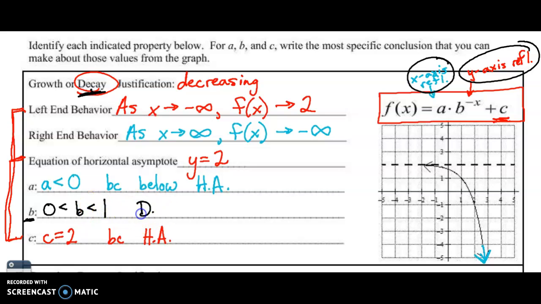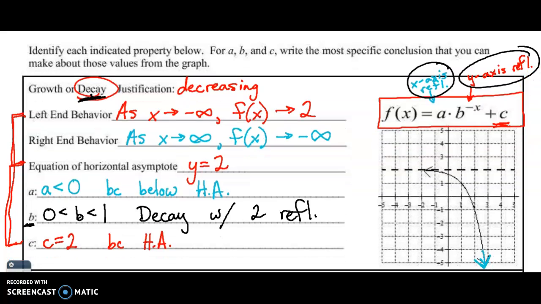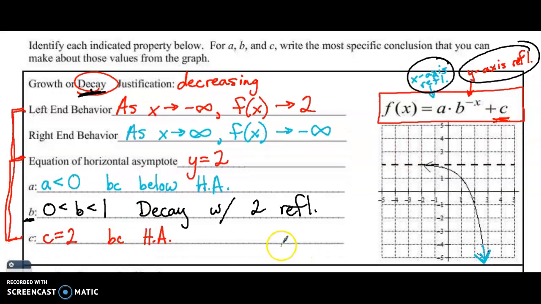And again, the reason is we have decay with 2 reflections. All right. Go ahead and try the next 2 on your own. But I have a little bit more to discuss, so I will make a second video to explain the rest of these notes. So see you in a bit.